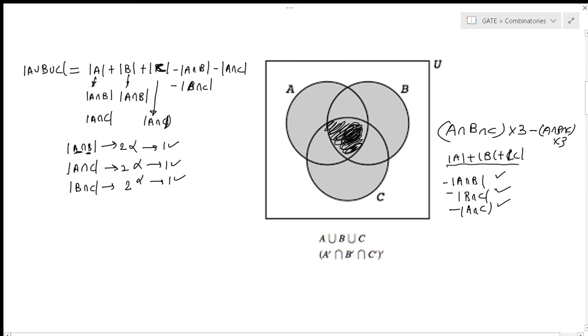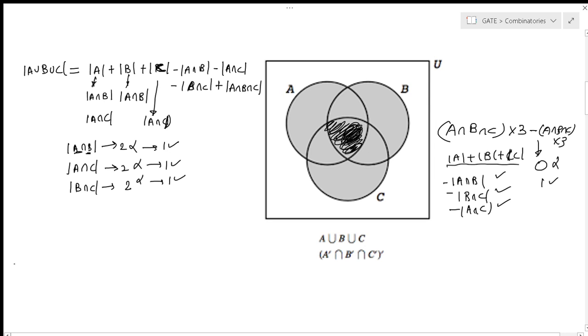Are you with me? Now if I removed them three times, their total count has been reduced to zero. But how many times did I want them? I wanted them exactly one time, right? Otherwise how could I form these circles? So in this formula, I simply need to add A intersection B intersection C.